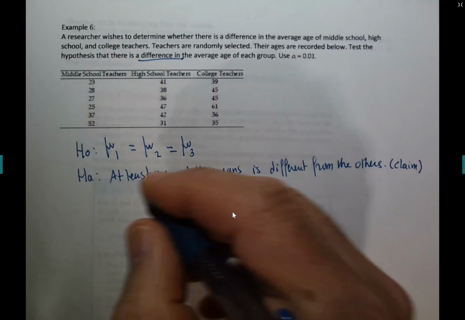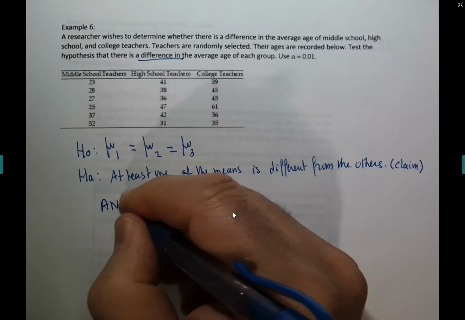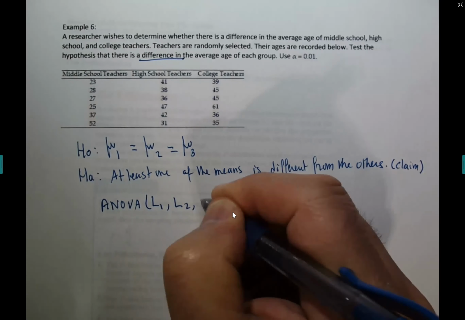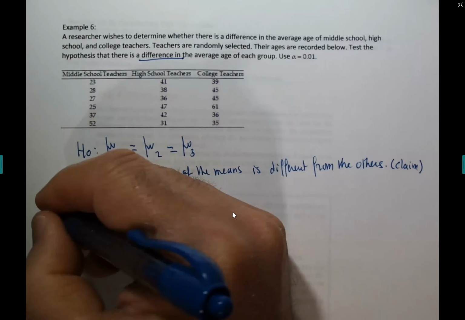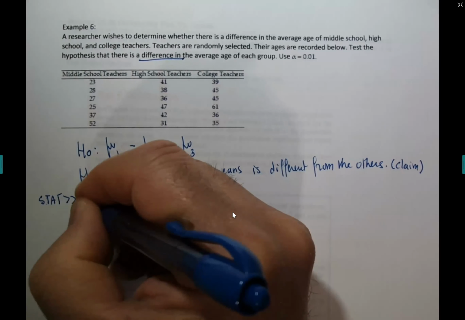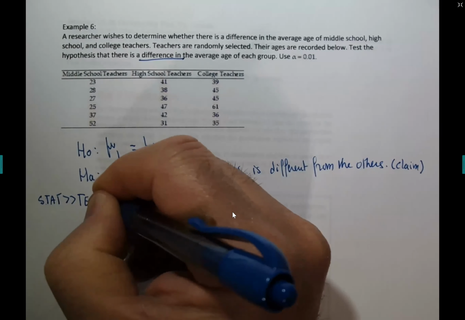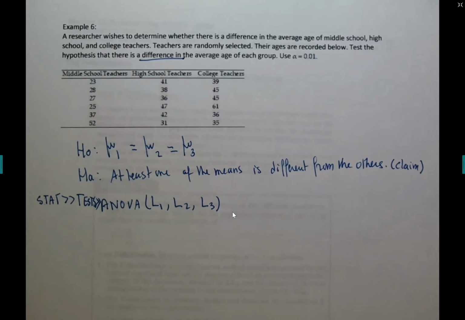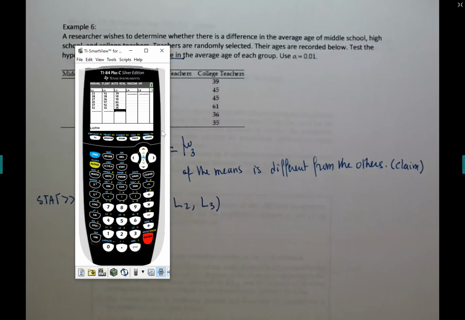Okay, let's run ANOVA. ANOVA L1, comma, L2, comma, L3. You have to go to stat, and then tests, and then this one, ANOVA. Okay, let's bring the calculator back, and I'm ready. So stat, tests, scroll up.